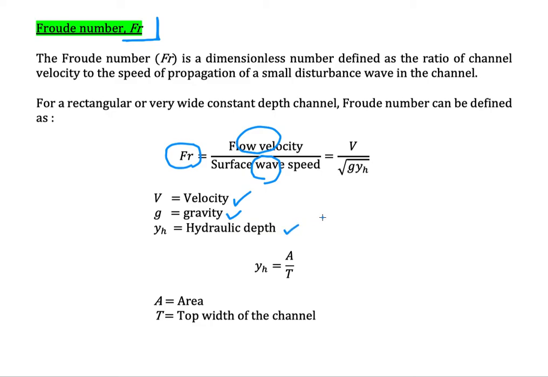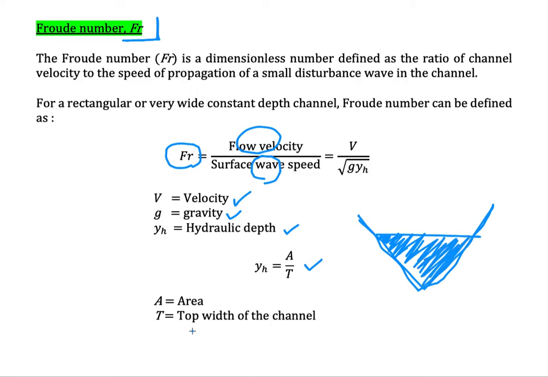Okay, and then how to calculate the hydraulic depth? It is A over T, where A is the flow cross-sectional area, as I explained previously in hydraulic radius, and T is the top width of the channel. For example, if we have a triangular shape like this, and the water is only at this level, first you need to calculate the flow cross-sectional area, which is this area.